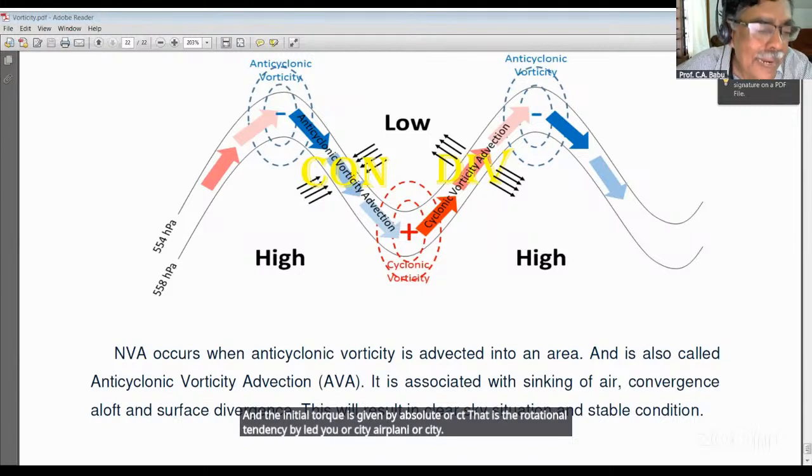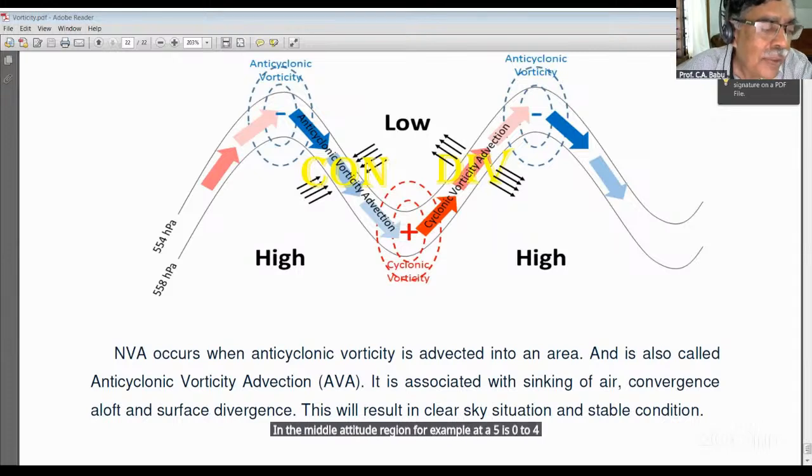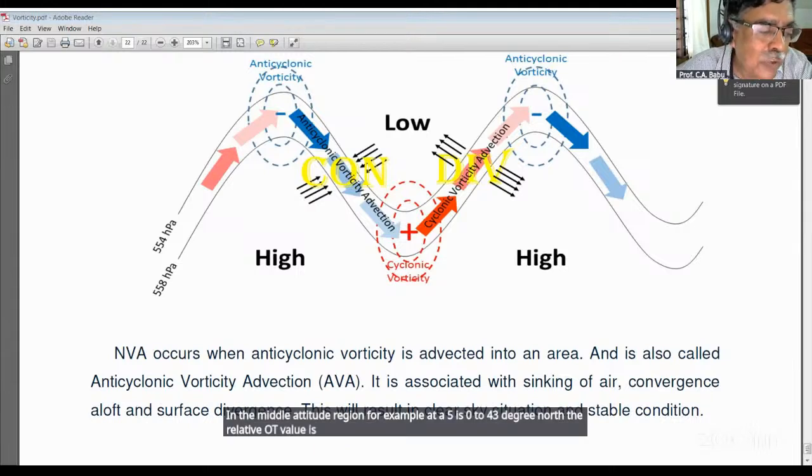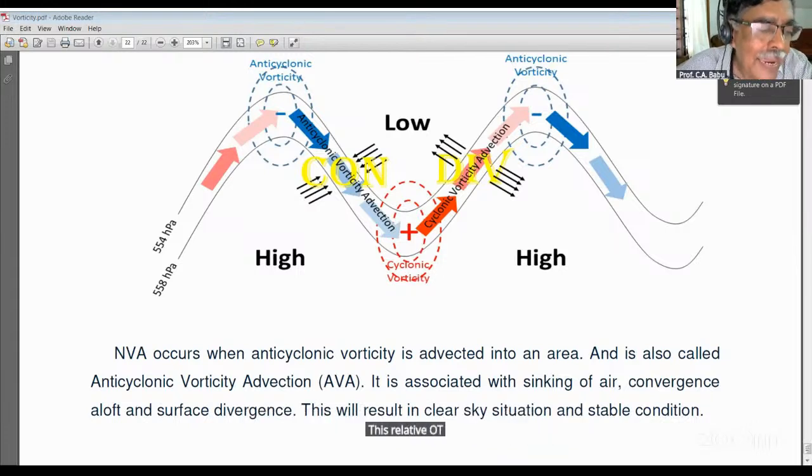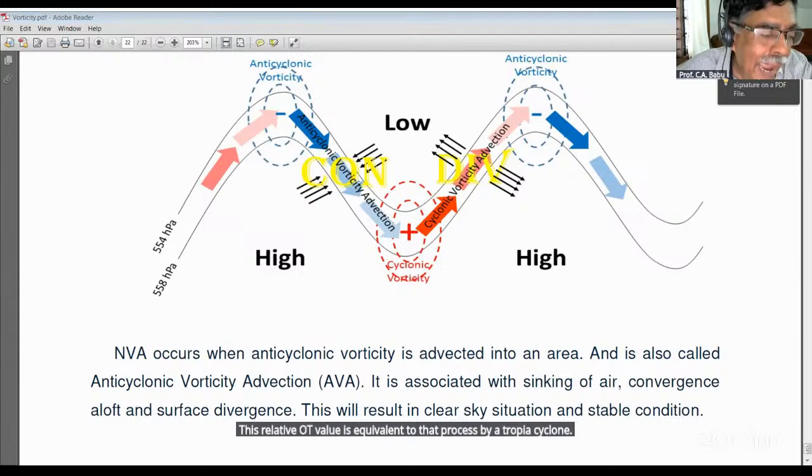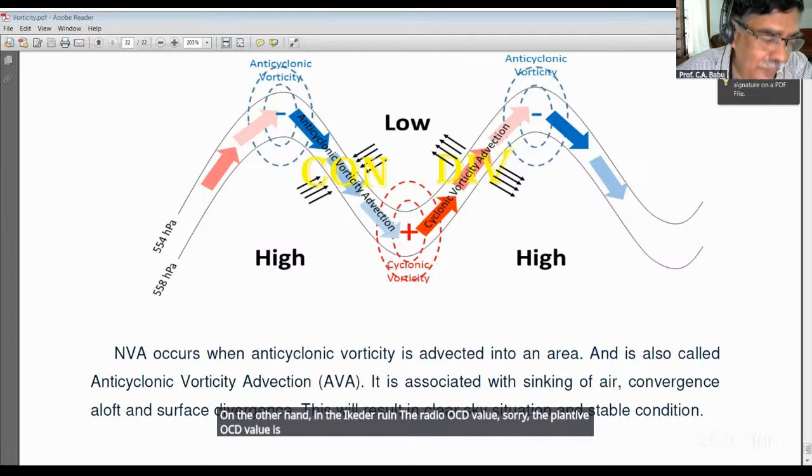In the middle latitude region, for example, at phi equal to 43 degree north, the planetary velocity value is 1 × 10^-4 s^-1. This value is equivalent to that possessed by a tropical cyclone. On the other hand, in the equatorial region, the planetary velocity value is almost zero.